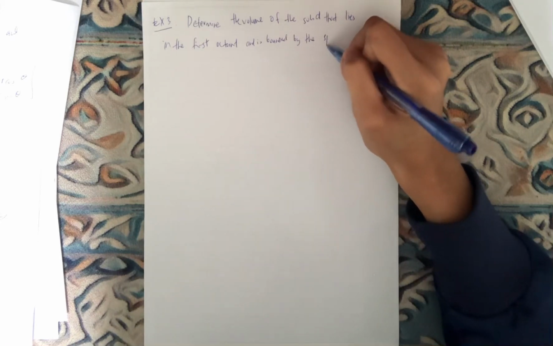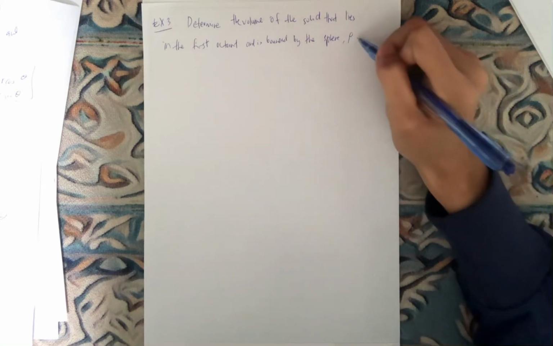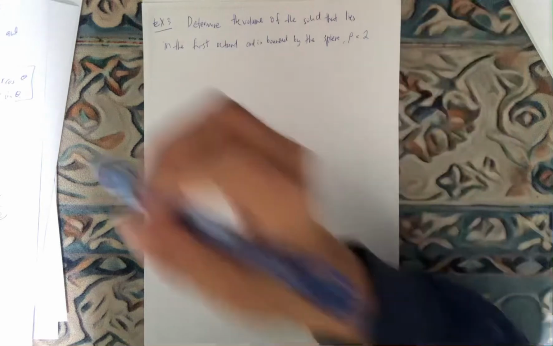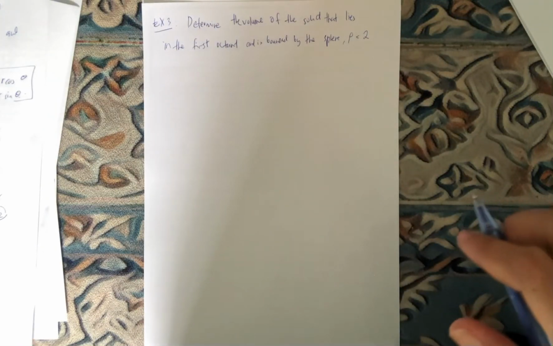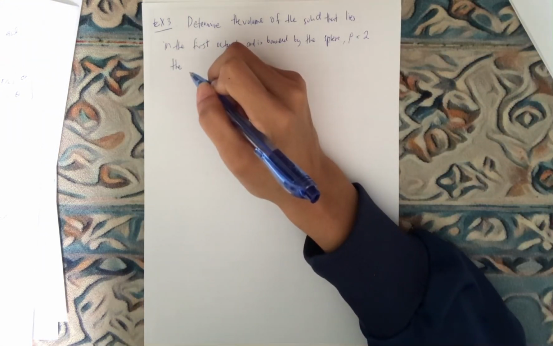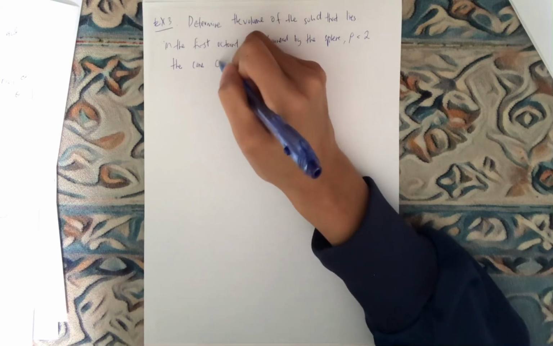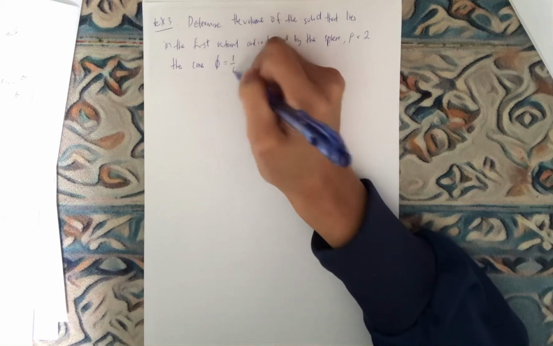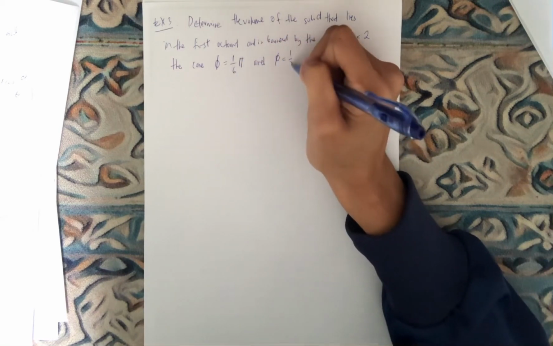the sphere. Okay, so now this is a keyword here. By the sphere rho equal to 2, and the phi, the cone. Okay, this is the cone shape. Phi equal to 1/6 pi and phi equal to 1/3 pi.